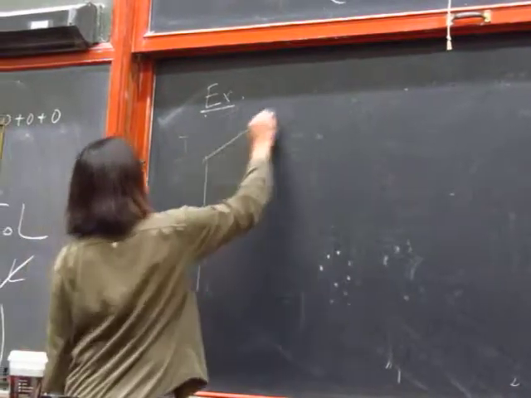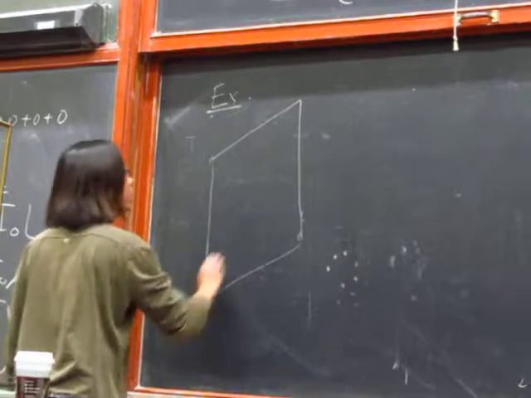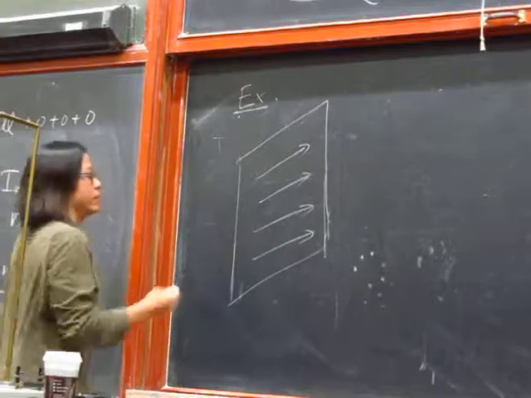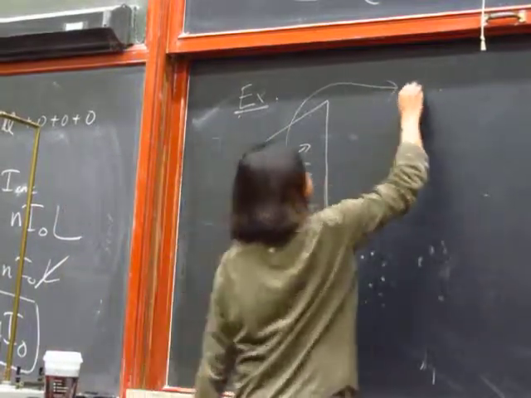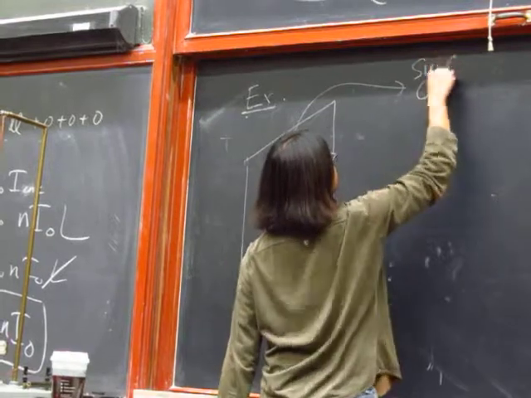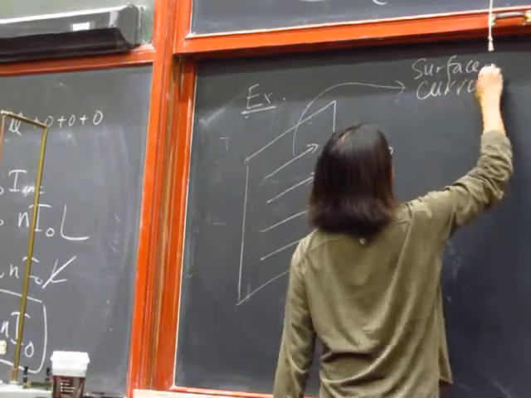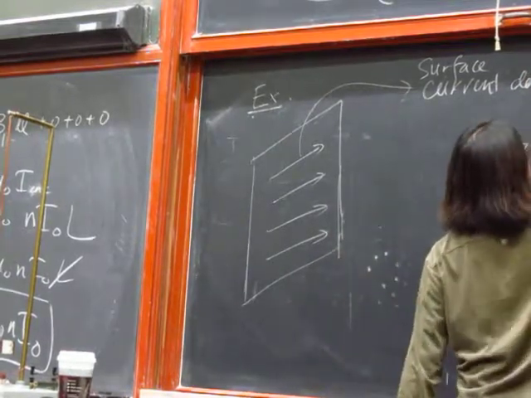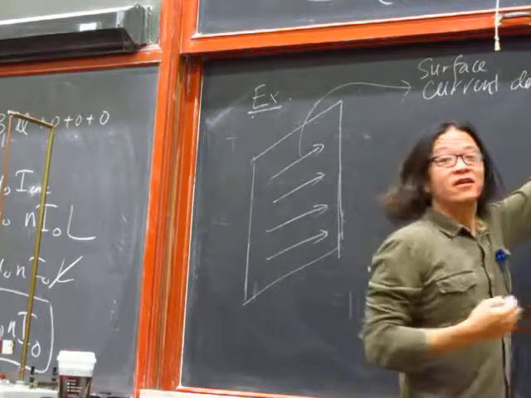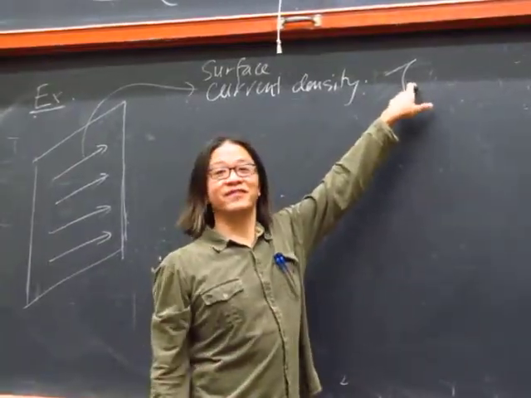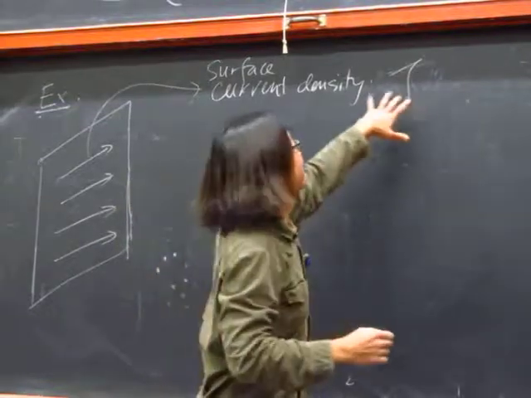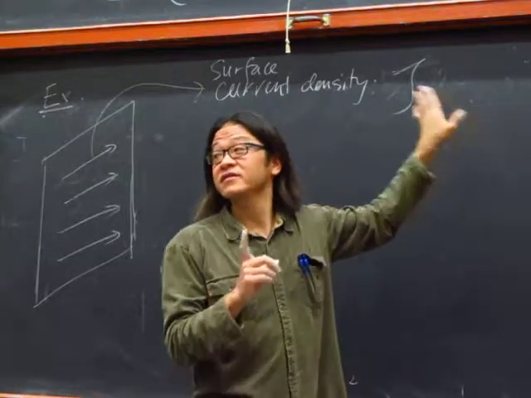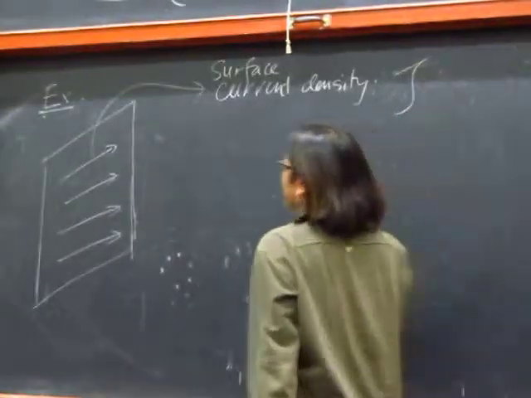suppose I have a sheet of current in that direction. This carries a surface current density, which we shall call K, with this kind of funny script K. It's a current script, and that denotes a surface current density, not volume current density, just along the sheet.